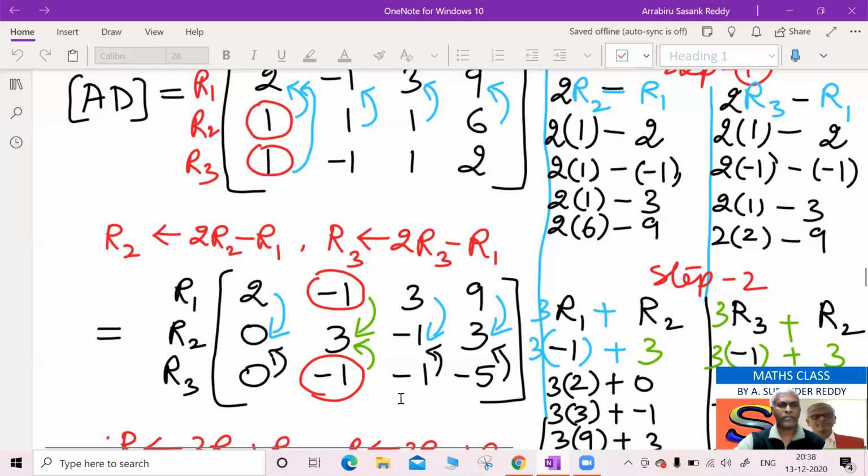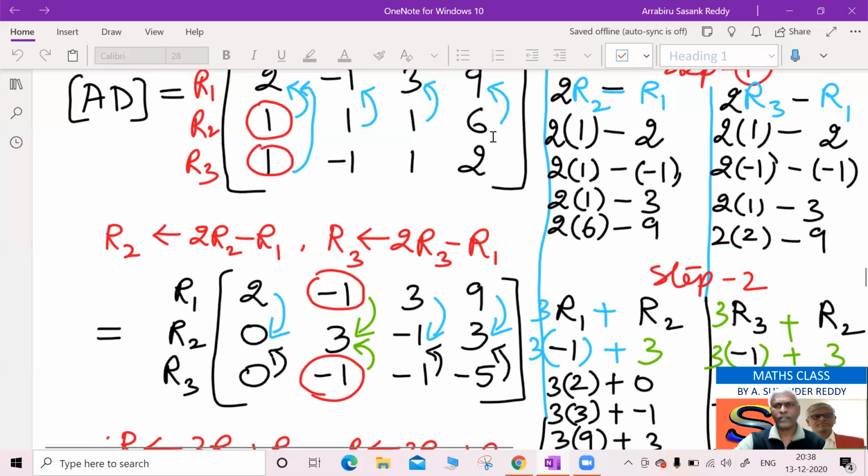So the second element of R3 becomes minus 1. Applying the same formula for 1 and 3: 2 into 1 minus 3, 2 minus 3, minus 1. And apply the same formula for the fourth elements, 2 and 6.